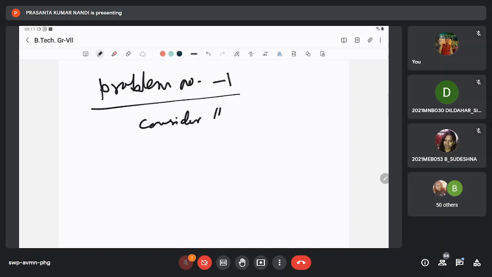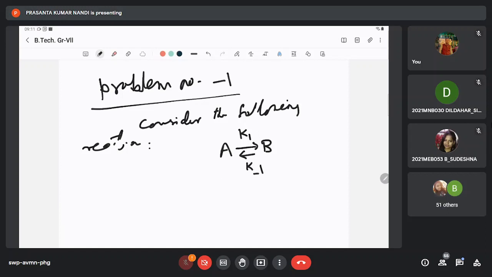Consider the following reaction: A to B and B to A, a reversible reaction. Let the rate constants be K1 and K minus 1, and let both be first order.